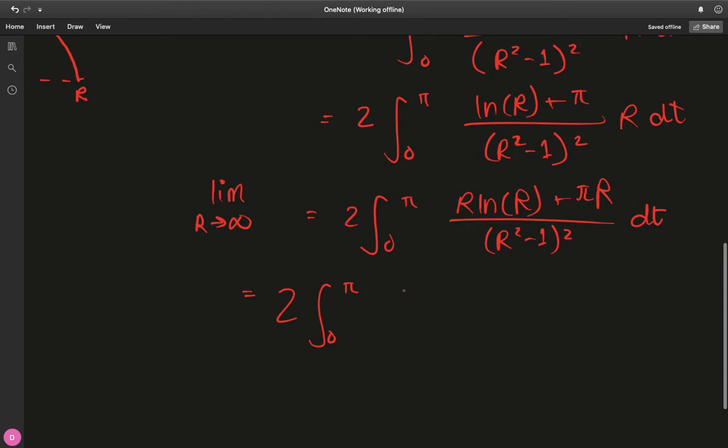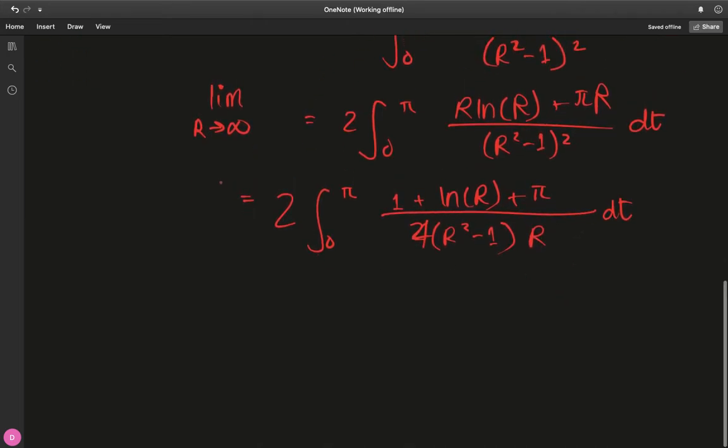We have 2 times integral from 0 to pi of r over r is 1 plus, then you differentiate r, you just get natural log of r plus pi divided by 2 times r squared minus 1 times 2r, so we have 4r dt, again in the limit as r goes to infinity.